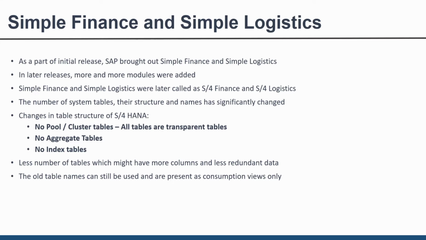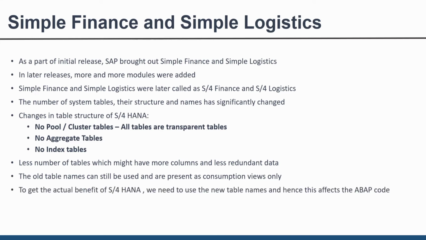Now you can see, for example, instead of the BSEG table, you can have ACDOCA, that is the ACDOCA table in finance. So the table structure and table names are also completely changed. So to get the actual benefit of S4HANA as an ABAPer, you will have to ensure that you know the new tables and new fields in S4HANA.